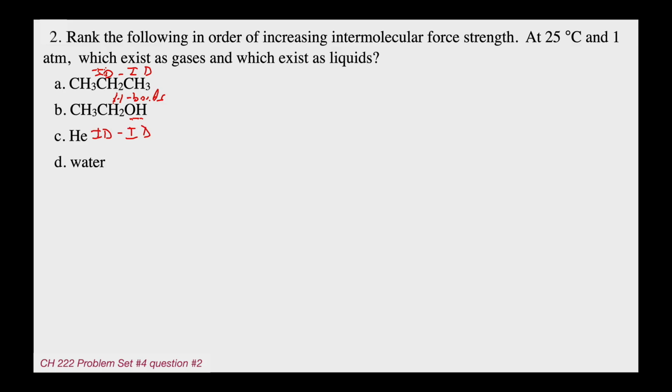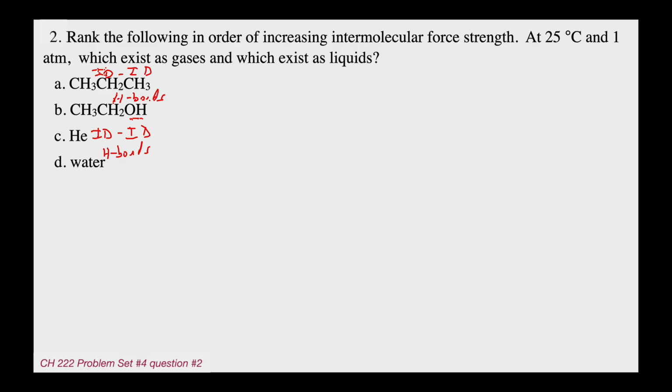It's only an atom, and a very small atom at that. Very difficult to induce a dipole on. So helium, you'd say, is induced dipole. And water, which is HOH, has very strong hydrogen bonds, like we saw in lecture. From the structure of water, it's got OH, that's hydrogen bonds, very strong.